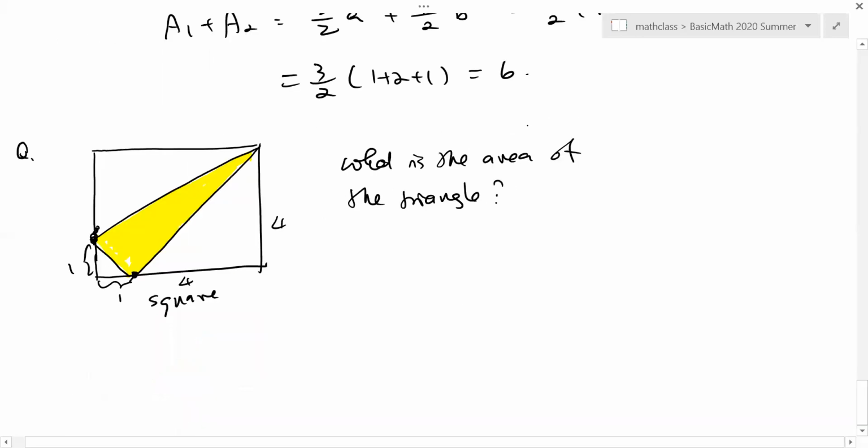And this is a 4 by 4 square. I'm talking about the triangle ABC, okay? Sorry, not the little one. The triangle ABC, the larger one.